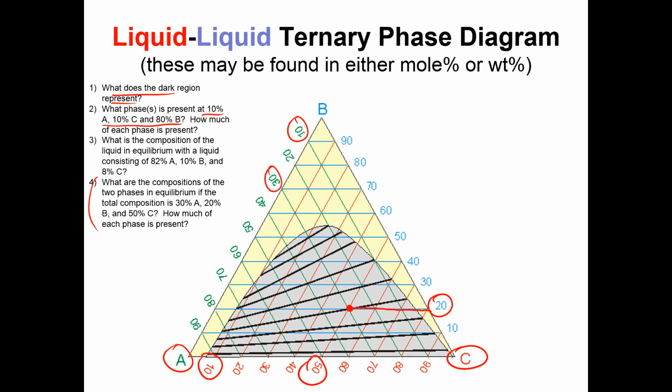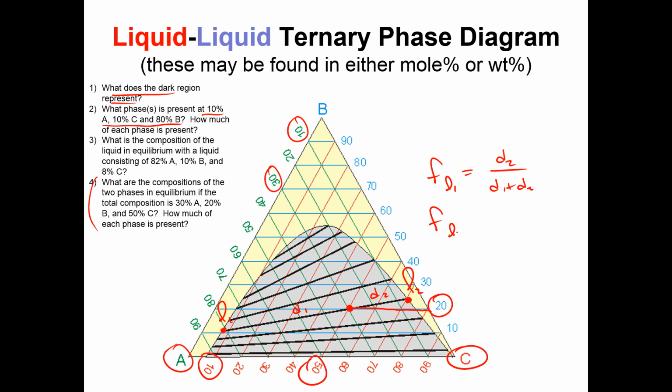And then I can use the lever rule to find how much of each phase is present. Here's one liquid, there's the other. They're in equilibrium with each other. If I do my distance 1, distance 2, I'll call this liquid 1, and then liquid 2. My fraction of liquid 1 is going to be distance 2 divided by distance 1 plus distance 2.